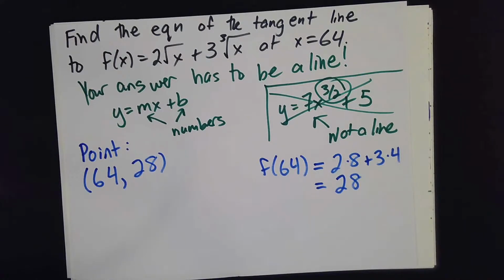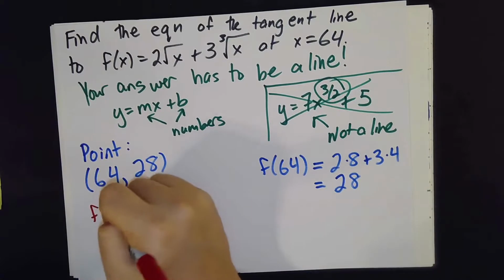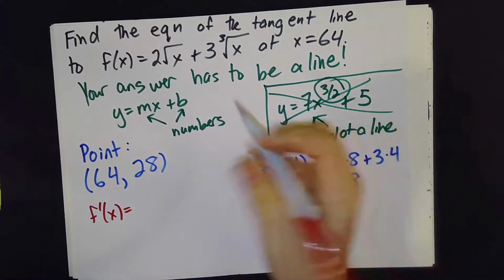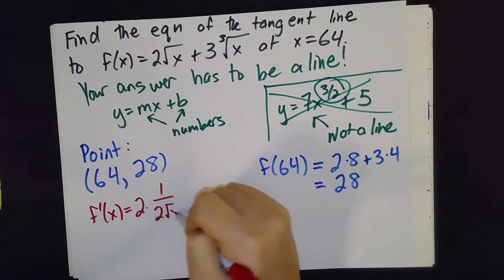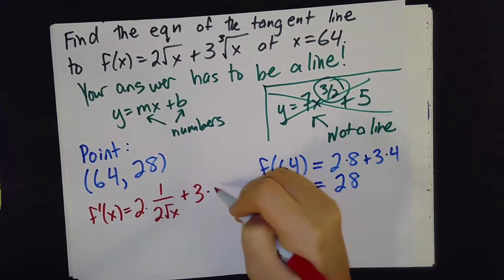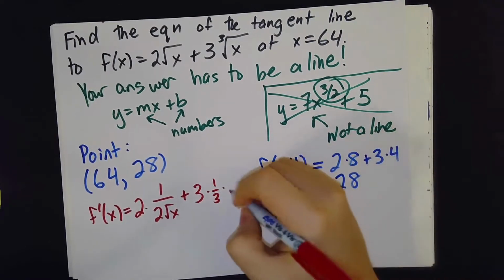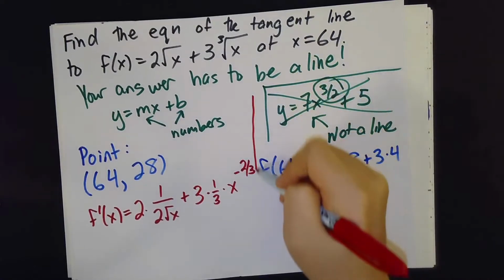Then I'm going to need the derivative. So the derivative here will be 2 times 1 over 2 root x plus 3 times 1/3 times x to the minus 2/3 power. Okay.